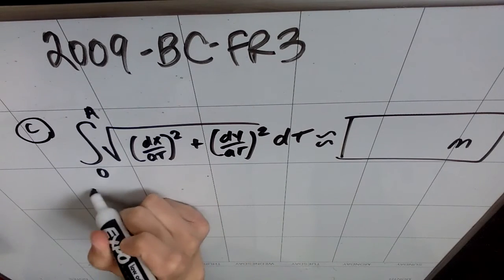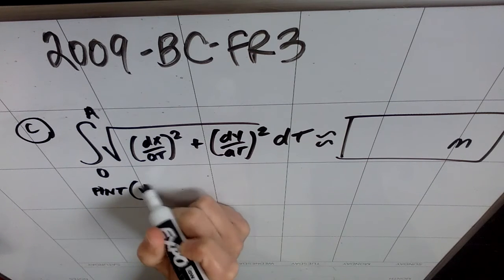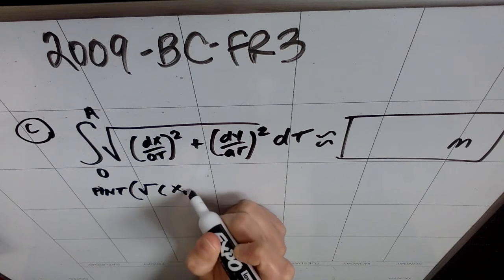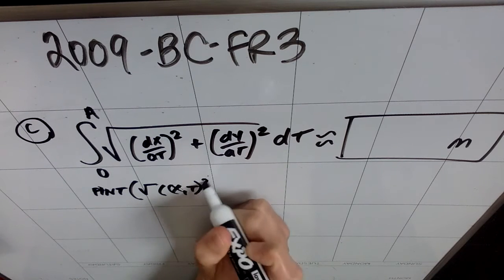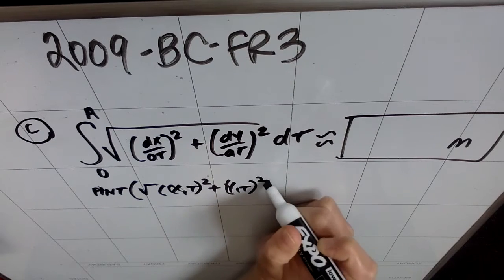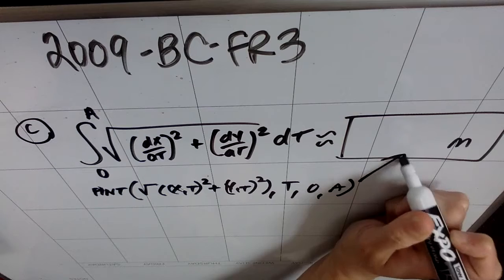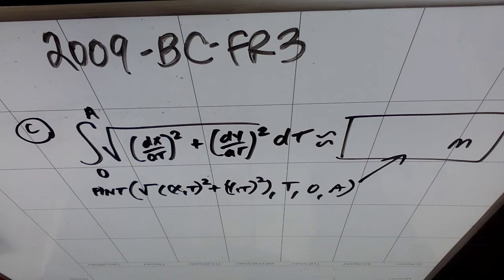So when I type this in my calculator, I'm going to do function integrate. Square root of, open the parentheses, x1t quantity squared plus y1t quantity squared, close the parentheses, comma, with respect to t from 0 to the thing I stored as A. So you have to know how to enter this in your calculator.